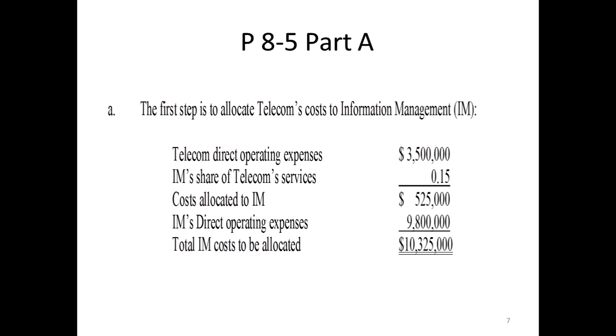Therefore, before allocating information management, which is what we're required to do in Part A, we must first pick up the additional costs from telecom's direct operating expenses. So again, 15% of the shares of telecom services go to information management, which is $525,000. So that increases the total information management cost to be allocated to $10,325,000.